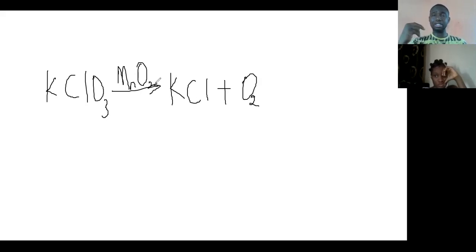Now, a catalyst is just like an example. I want to burn this. I have some things I want to burn. Let me look for wood. I want to burn a wood that is a bit wet.